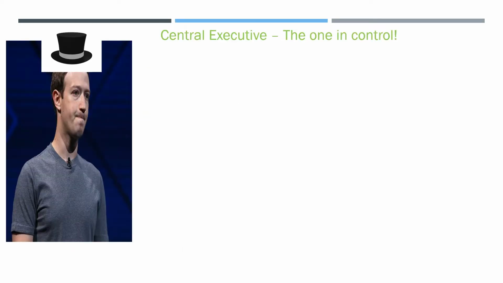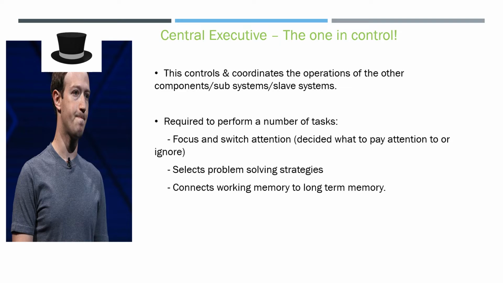So number one, the central executive is the one right at the top, and that is the one that is in control. So that is quite possibly one of the most important bits. It coordinates and controls all of the other slave systems. So all of the three underneath it, the visuo-spatial sketchpad, the episodic buffer and the phonological loop, it controls those.